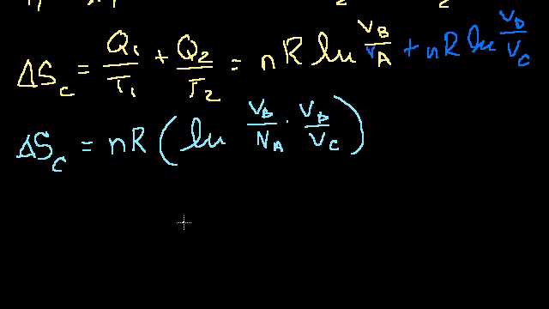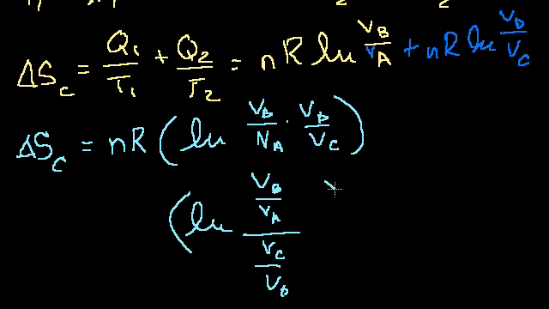So I can rewrite this as the natural log of vb over va divided by the reciprocal, vc over vd. So I just rewrote it. I just did a little bit of fraction math. That's all I did. Instead of multiplying it times this, I divided by its reciprocal.